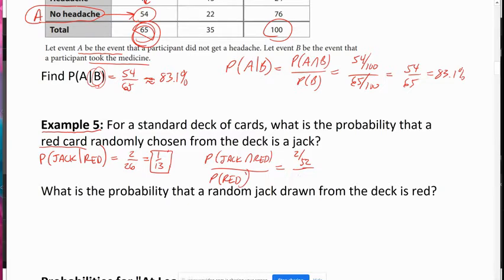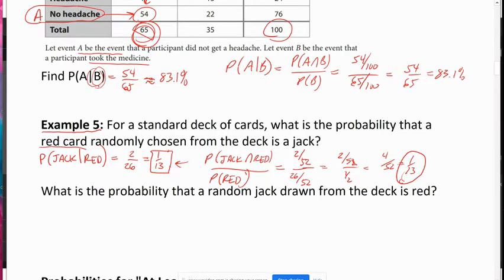The probability of drawing a red card from the deck: half the deck is red, so that's 26 out of 52, or 1/2. Now when we do 2 divided by 52 divided by 1/2, that becomes 4 out of 52, which is 1/13. Same answer that we got when we didn't use the formula.